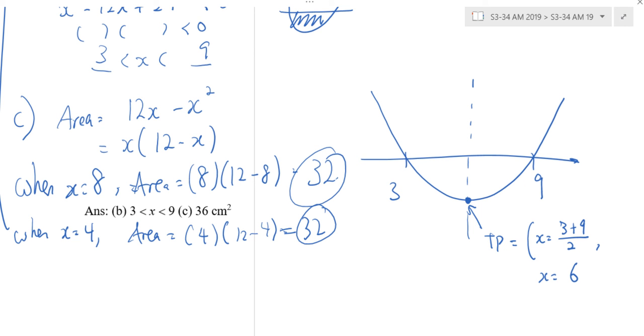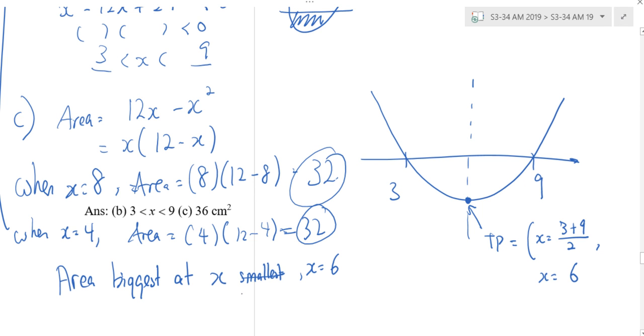Why is it the highest area? Let me try to explain. Do you notice that on this graph, I tweaked something? Are you done with this? So you say that area is bigger at x, sorry, I used the wrong word.